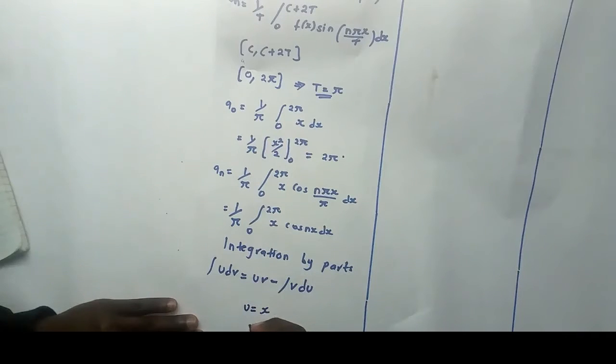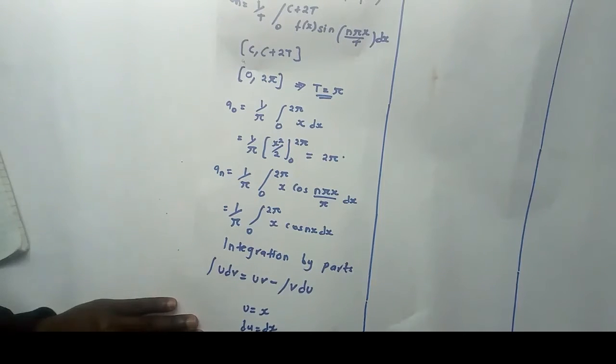Let our du, when you differentiate this, you get dx. Let our dv be cos nx dx. And our v will now be sin nx over n.